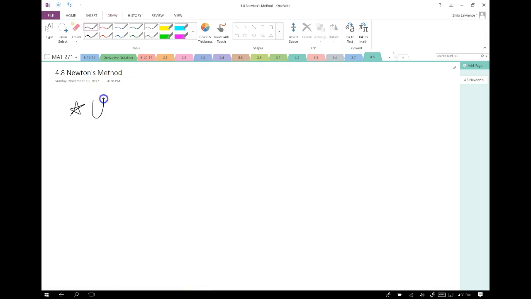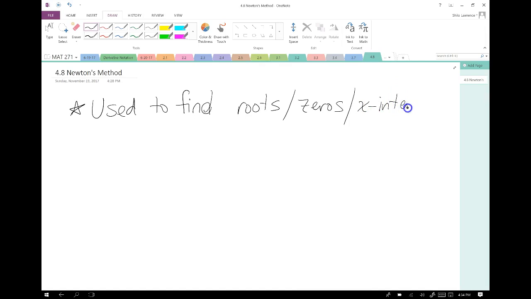So this is used to find roots or zeros or x-intercepts, depending on just what context we're working in. These are all technically the same thing, of a function.